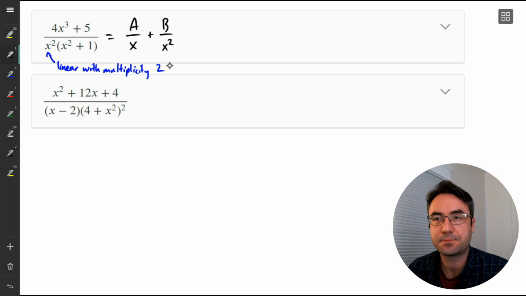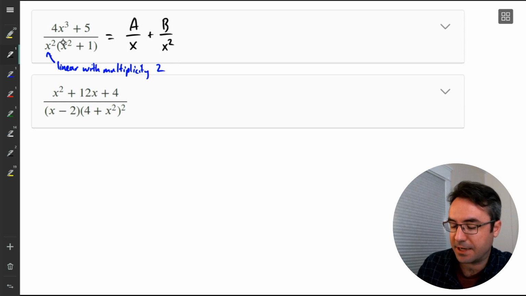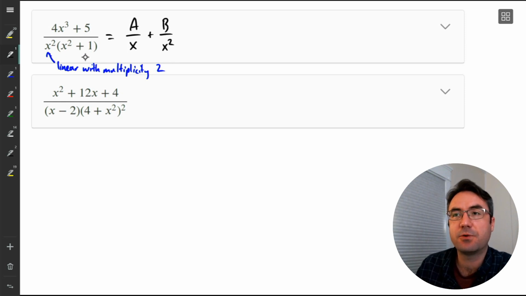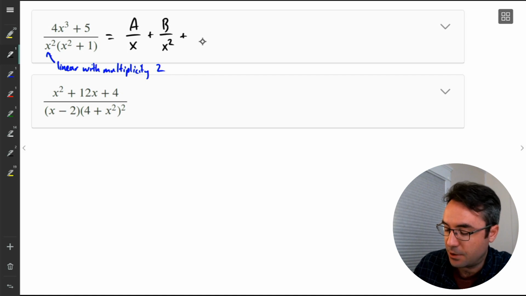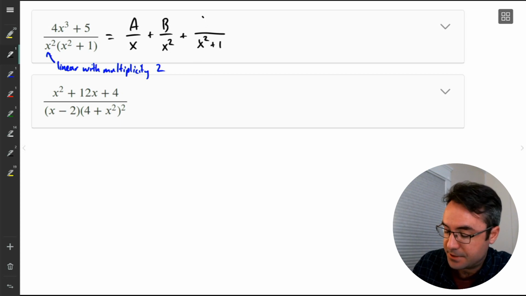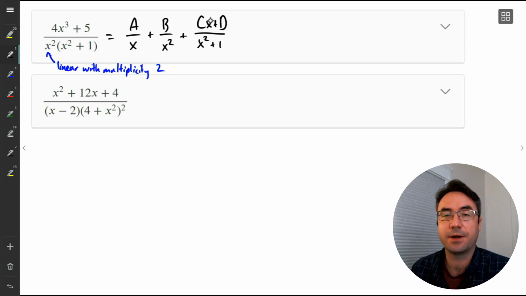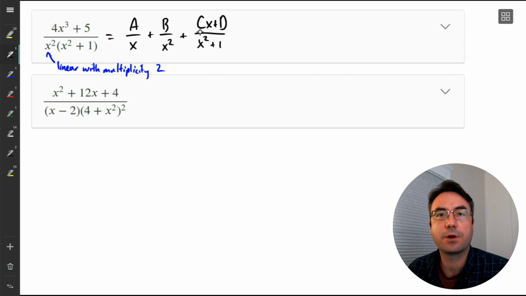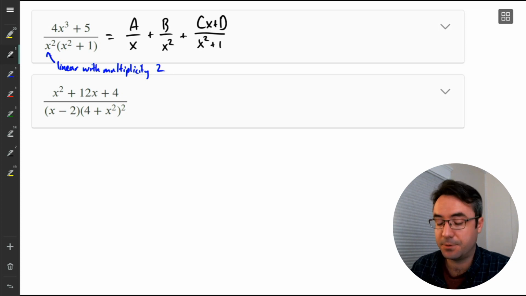All right, what about this x squared plus 1? That's an irreducible quadratic, so that's going to get its own fraction, put it in the denominator. And the format for an irreducible quadratic is a constant times x plus d, all in the numerator. So there's a little bit more going on here for an irreducible quadratic.